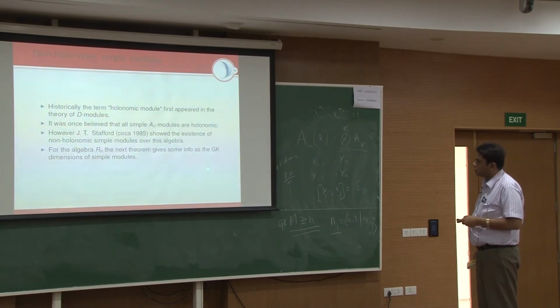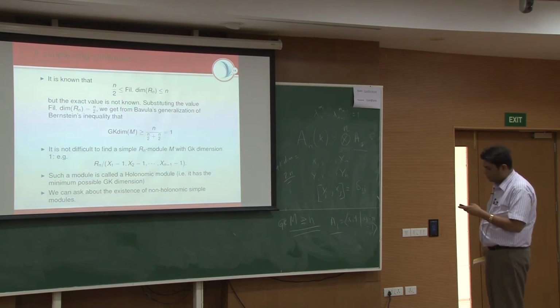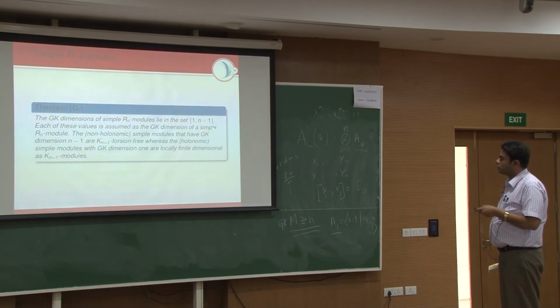So now for this algebra, for Rn, we can also ask the question whether it has a non-holonomic simple module. The answer is given by this theorem. It says that the GK dimension of a simple module is always either equal to 1 or n minus 1.